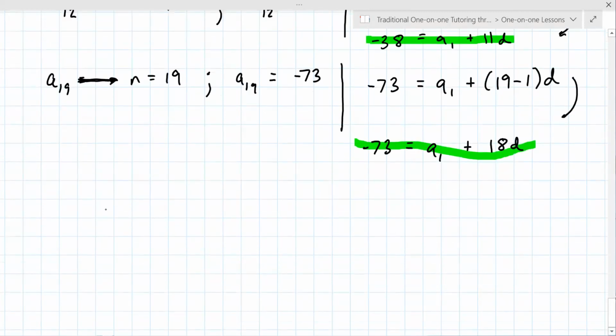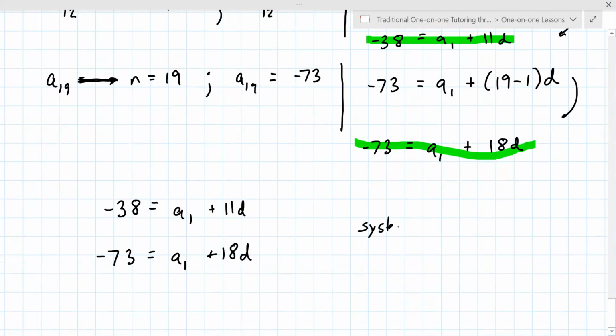So it's going to look like this: minus 38 equals a1 plus 11d, and minus 73 equals a1 plus 18d. This is what's called a system of equations, but it's an easier version of a system of equations. So you literally subtract vertically.